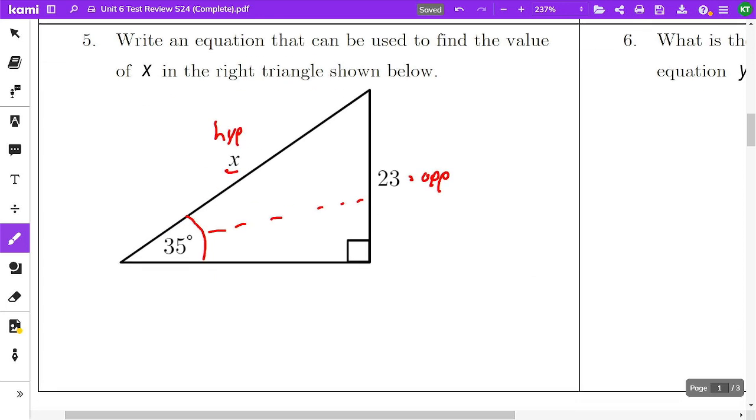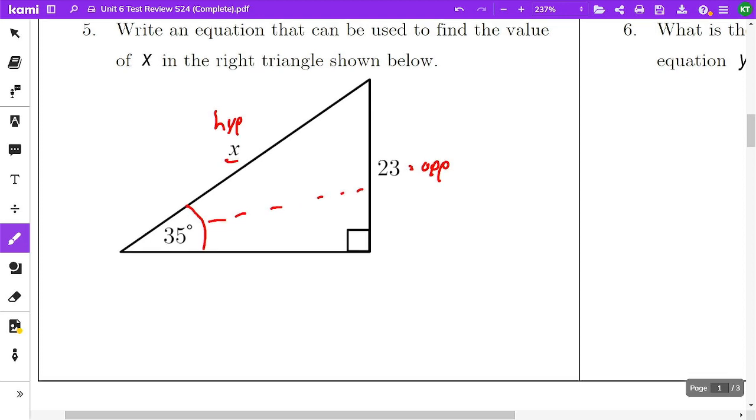So which one of sine, cosine, or tangent, which of our trig identities uses our opposite and a hypotenuse? That would be sine. So we go ahead and set this up as sine of 35 degrees is equal to our opposite divided by our hypotenuse. So that would be 23 divided by x.